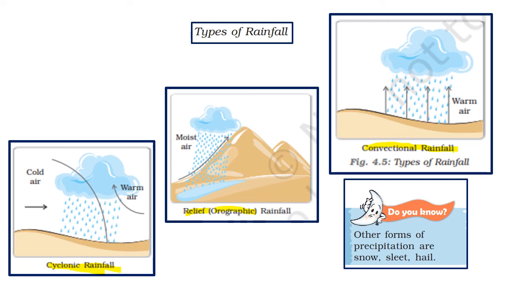Heavy rainfall occurs, which is called cyclonic rainfall. Besides these three types, other types of precipitation also occur, which are called snowfall, sleet and hail.